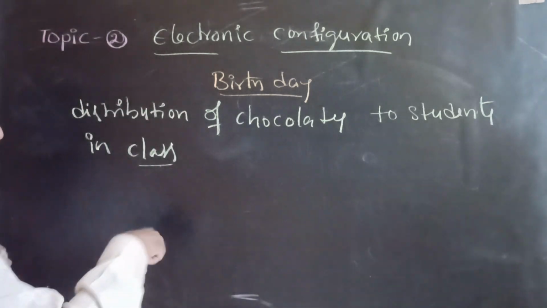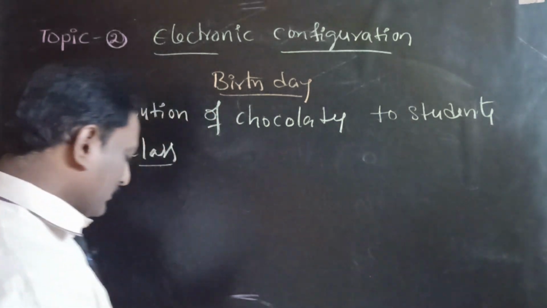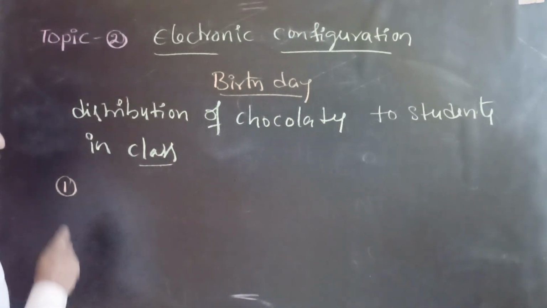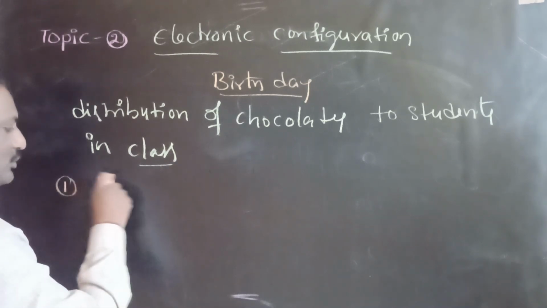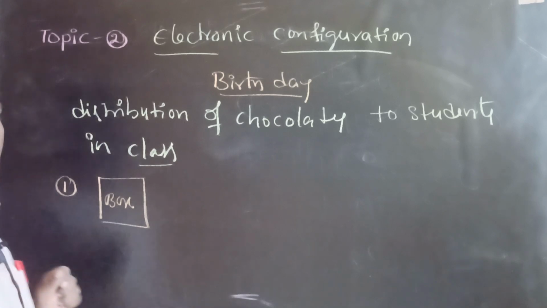If you want to distribute the chocolates or celebrate the birthday, we require 3 points. Point number 1, we need a chocolate box with a number of chocolates.